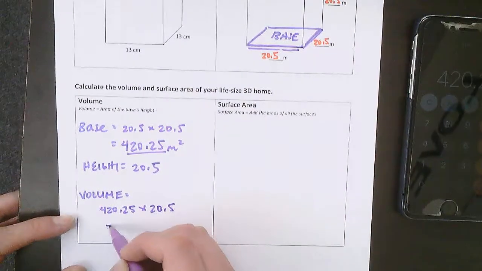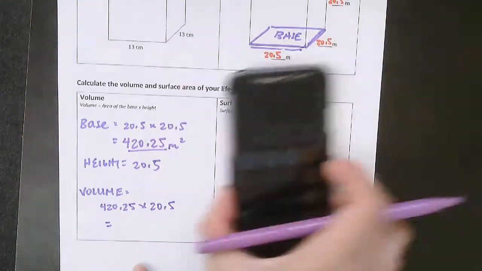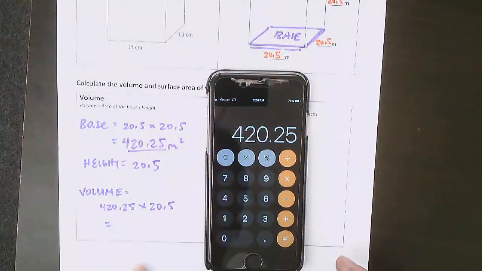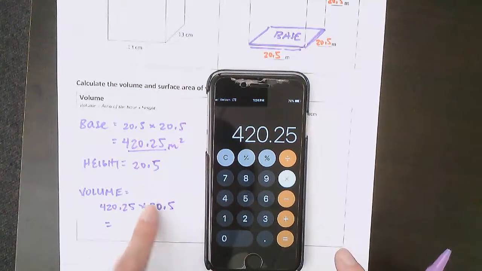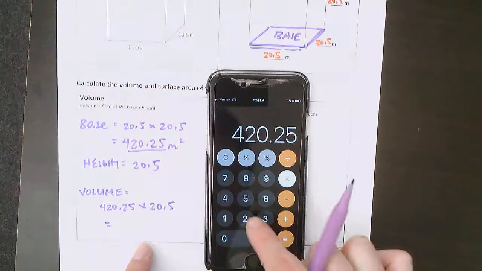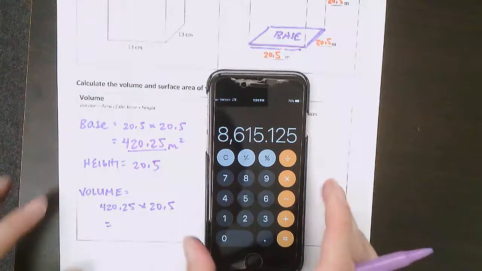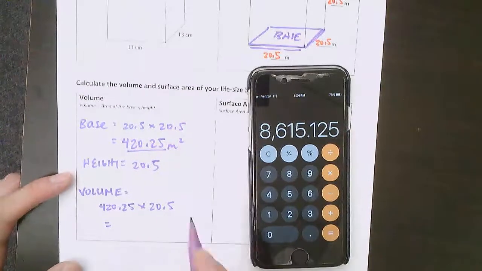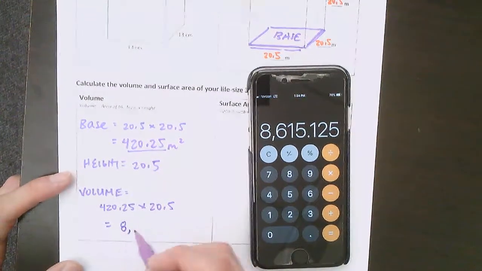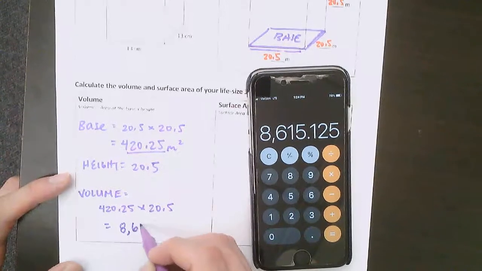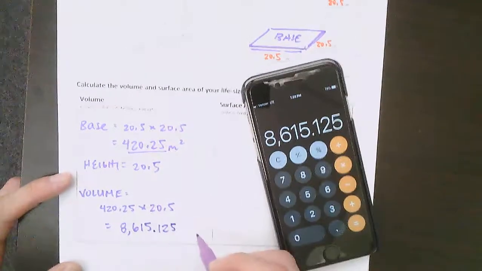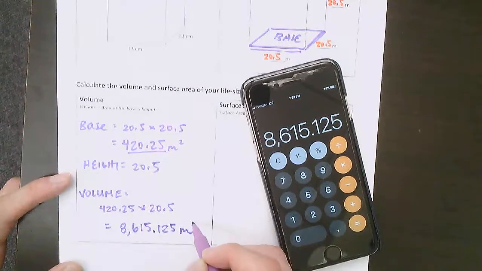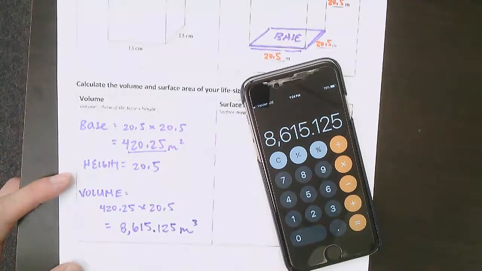And all of this equals, so I have 420.25 is the area of the base, times the height, which is 20.5, and that's my number. 8,615.125, and my units are meters, and since it's volume, it's meters cubed with a little 3.